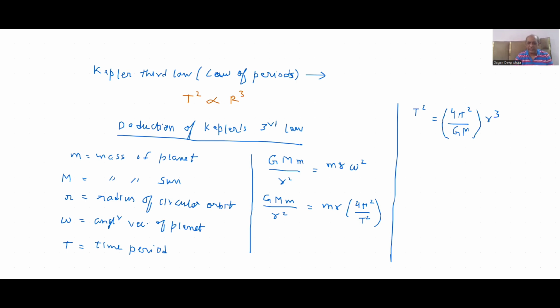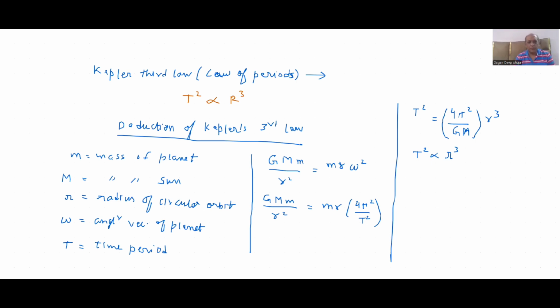So you can easily see that T square will be directly proportional to r cube. Here I have assumed that the planet is revolving in a circular orbit, but this result holds good even for elliptical orbits, provided we replace this r with a, that is, the semi-major axis of the ellipse.